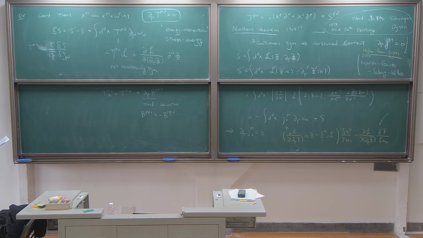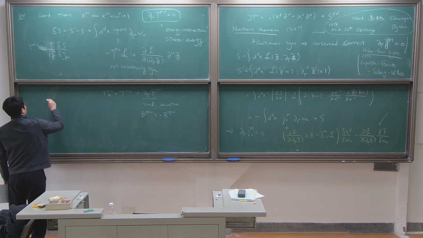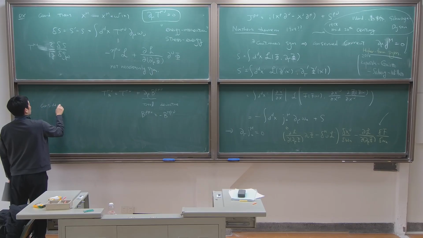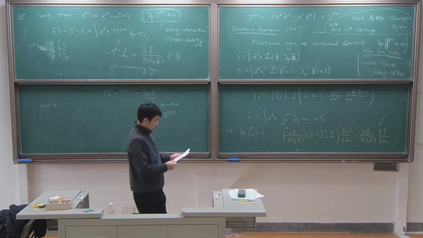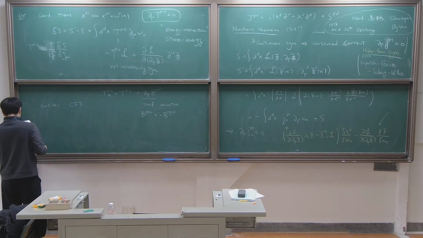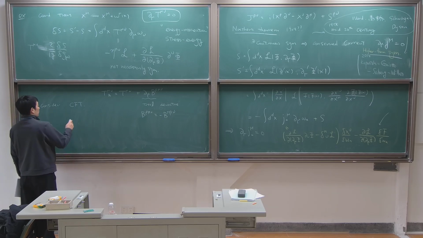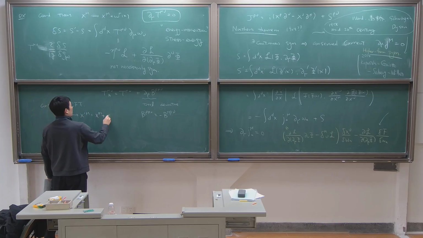Fine. And we know the conformal transformation. So let's now consider the CFT. If you consider a CFT, what are the consequences? Suppose the conformal transformation is something like this one, with epsilon.